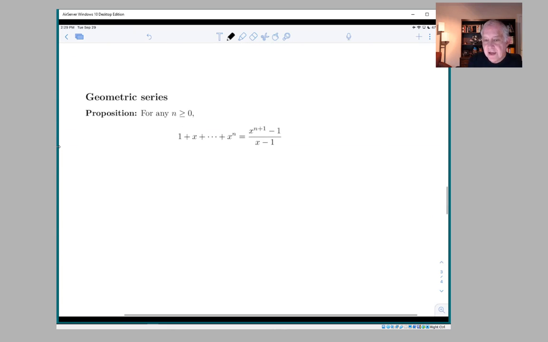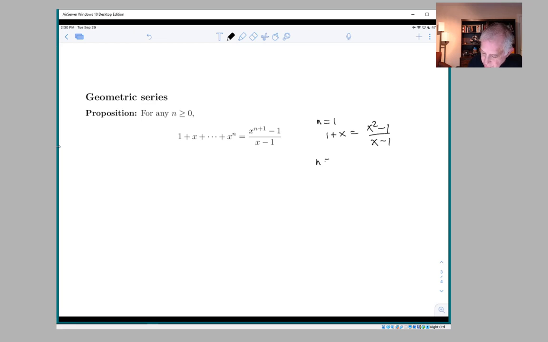Next, I want to prove a useful fact about what are called geometric series, or you can think of it as a polynomial identity. You already know some of these examples. So this is a claim about polynomials. If n is 1, this says that 1 plus x equals x squared minus 1 over x minus 1, which is true, right? Because x squared minus 1 is x plus 1 times x minus 1.